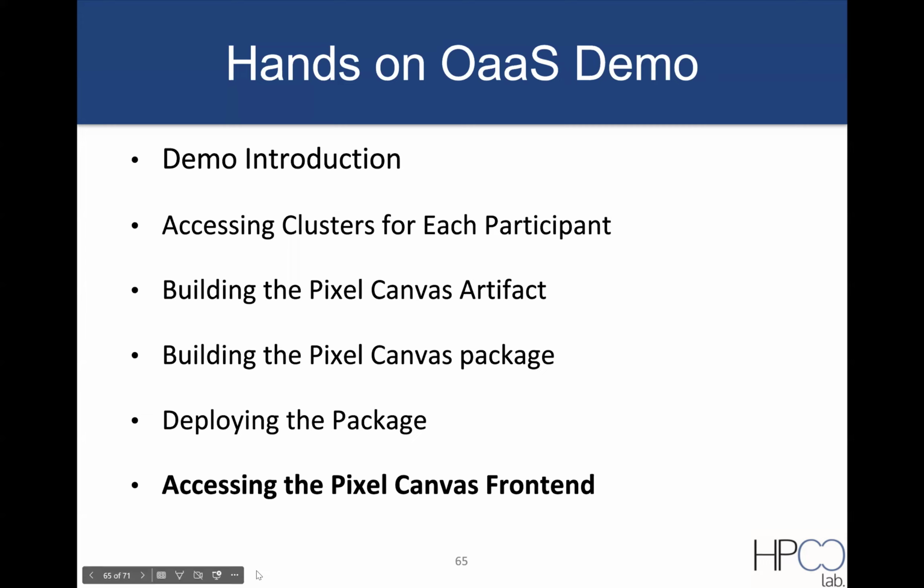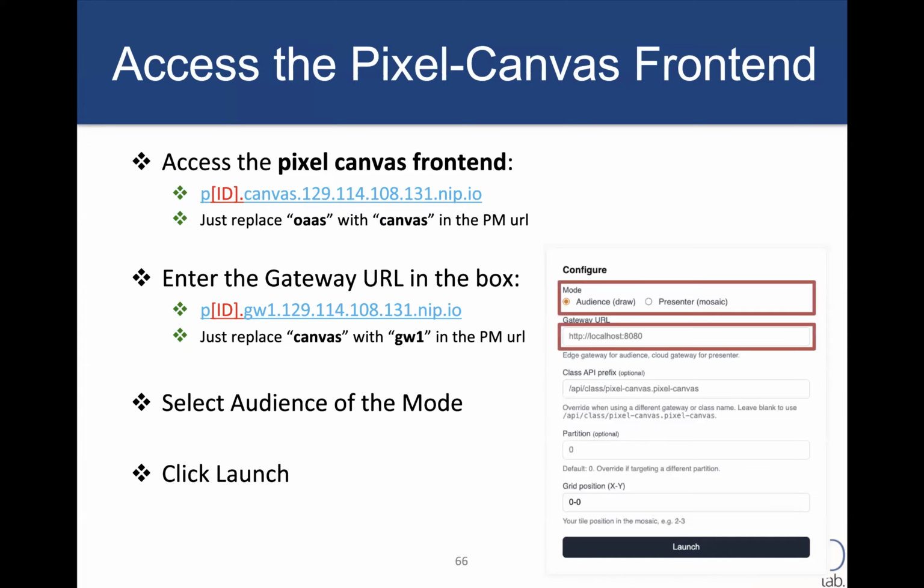Now we are going to connect the front end to the back end. The front end is already there in your cluster. If you have the same URL, just replace OAS with Canvas. Create a new tab, copy that URL, and keep your ID and everything else the same, replacing just OAS with Canvas.